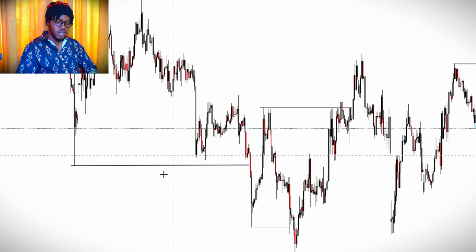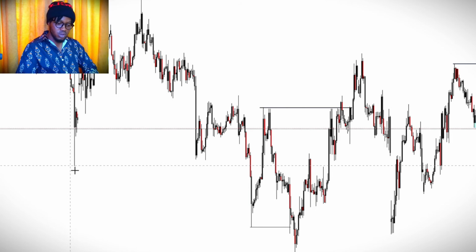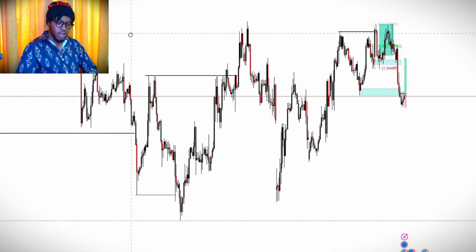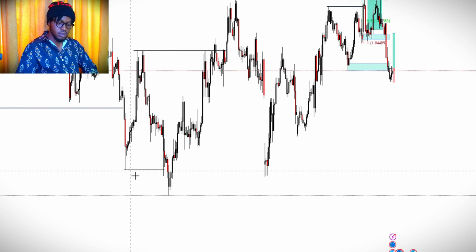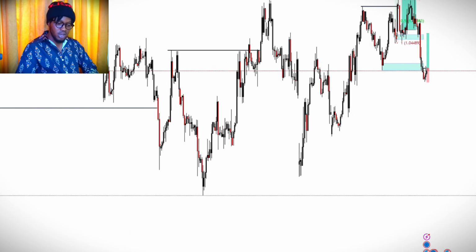So if you check properly now, or if you can see clearly, let me be analyzing it. We had a break of structure to the downside right here. I'll be taking it out and doing it again. Another break of structure.